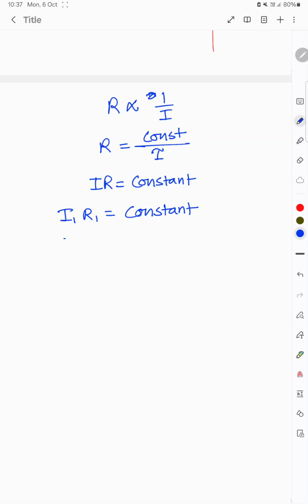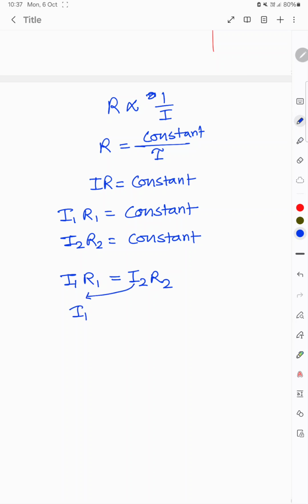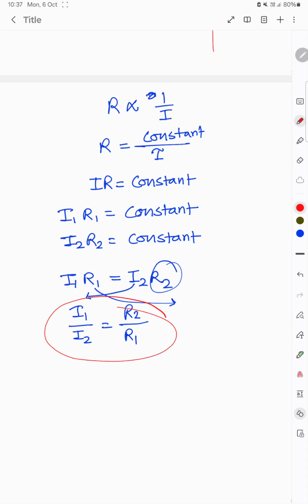In case of metallic conductor B, I2 R2 is constant. Now I'm just equating these: I1 R1 is equal to I2 R2. So see, I1 by I2 is equal to R2 by R1. This is another formula. So I'm giving you a list. Write it down in your copy and trust me, it's very helpful for your exam.